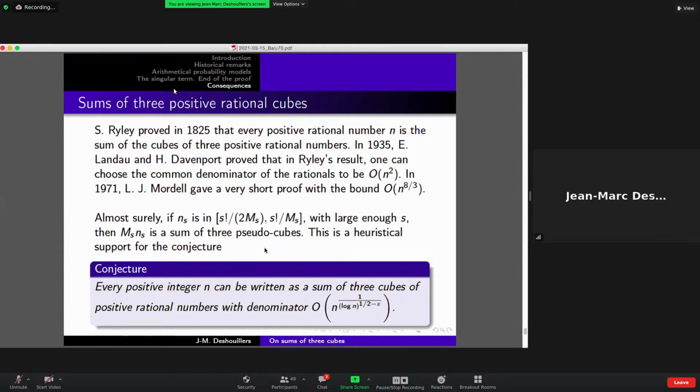This is a heuristic support for the fact that the denominator should be very small, because you see m s is rather small compared to n s, and so the denominator can be 1 over square root of log n, more or less, something like that.